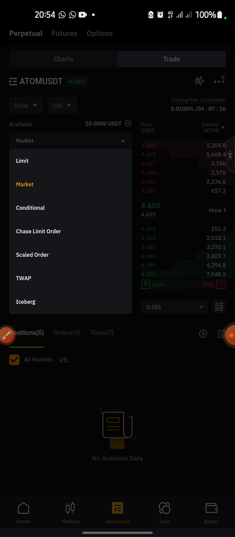It executes at the current market price at which the market is in. So once you set the amount you want to buy with and you click buy, it activates immediately. It doesn't wait till a certain price before it gets triggered. So those are the only two types of orders we'll be working with in this class: the limit price and the market price.